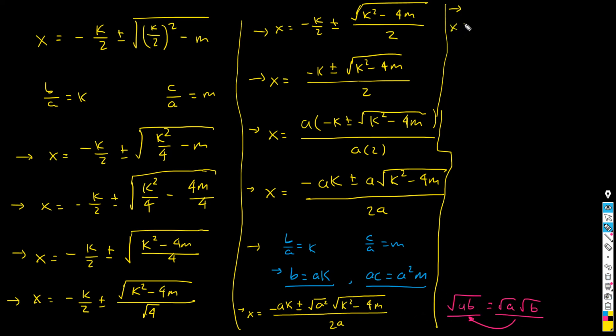So let's go. x equals minus ak plus minus the square root of this number times all of this number, according to this property. Make sure of this, it is probably the most confusing part of this thing.